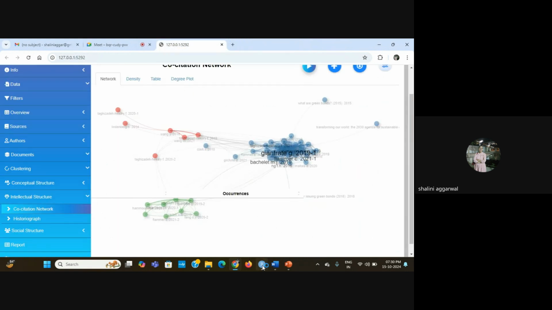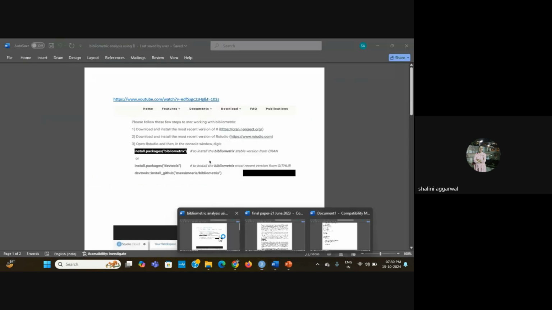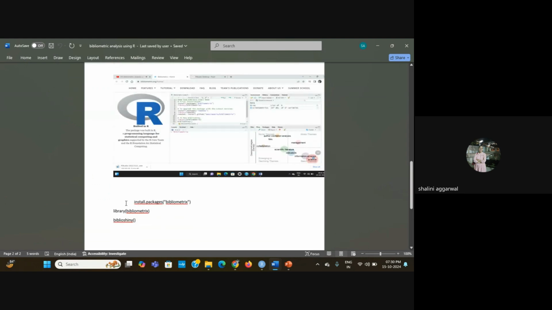Okay. So once you have done this, it will open like this, and it has 4 windows. You do not need to know exactly about this R Studio or R software. The only thing you want to know is these 3 commands that I have written. These are the 3 commands, that is install packages.